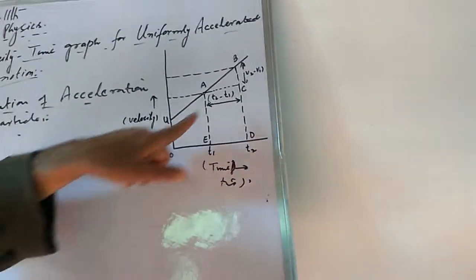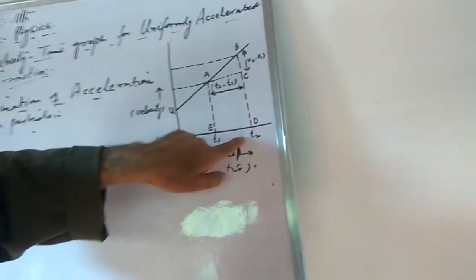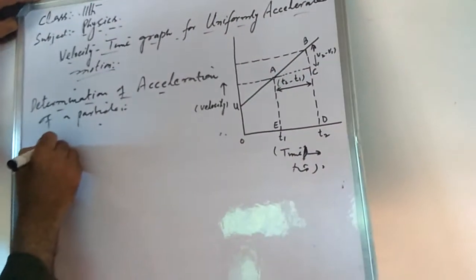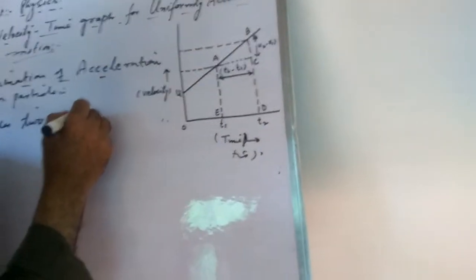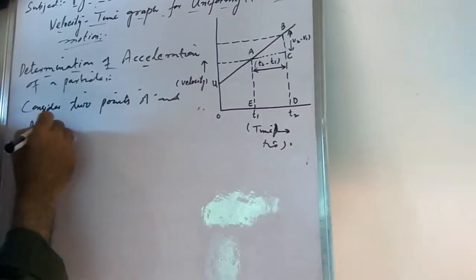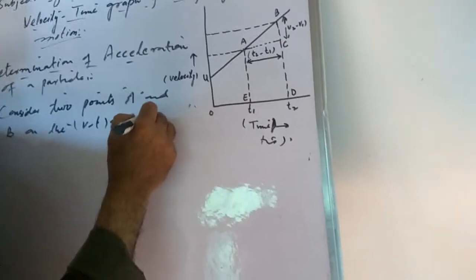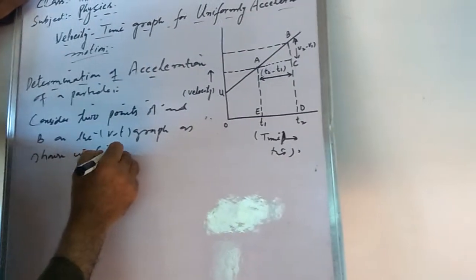Look here, let V1 be the velocity of the particle at instant t1 corresponding to point A, and V2 be the velocity of the particle at instant t2 corresponding to point B.